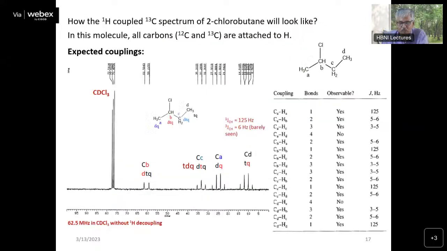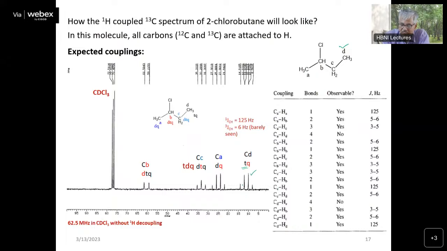Now let us see a little more about that. When recording a carbon-13 spectrum, with normal carbon-13 and no decoupling, you will see this carbon coming as a quartet, but each line of this quartet is again split into a triplet if you record the spectrum with good resolution.